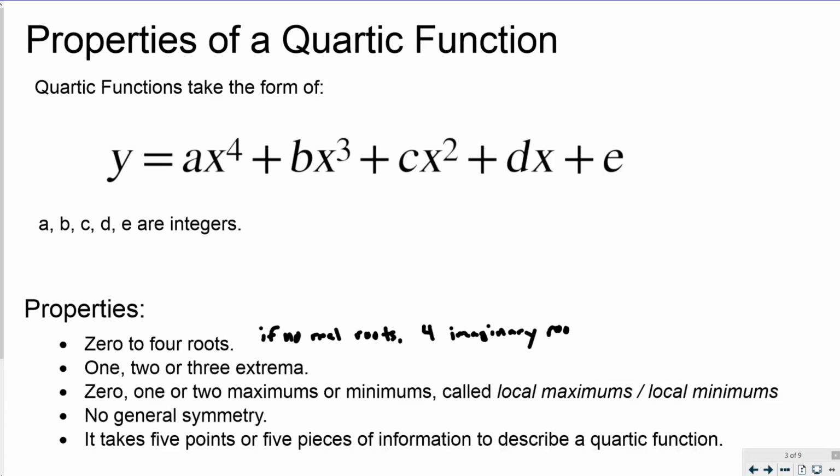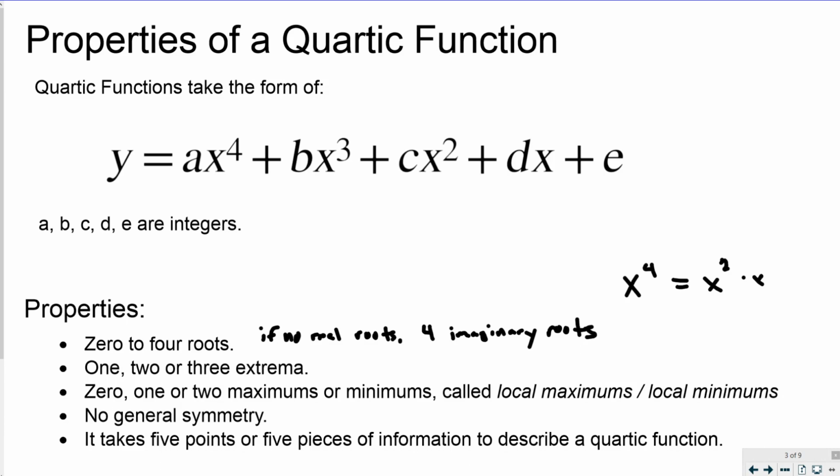This is because x to the fourth can be thought of as x squared times x squared. Okay, apologies, got the eraser.